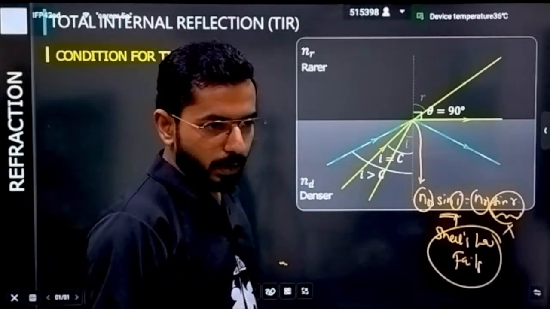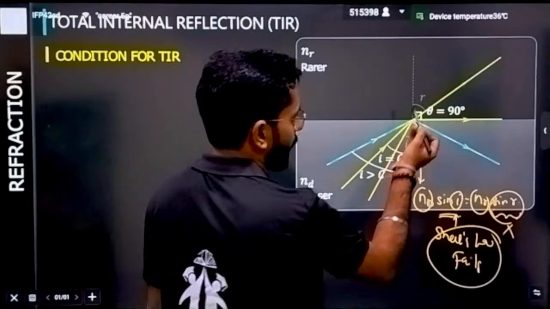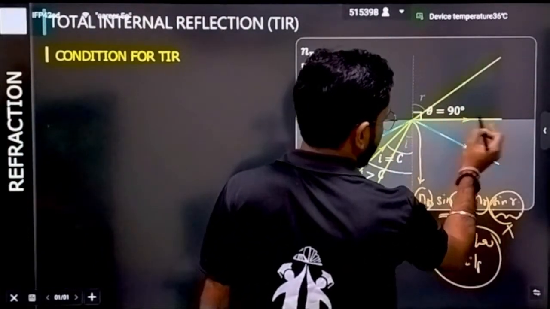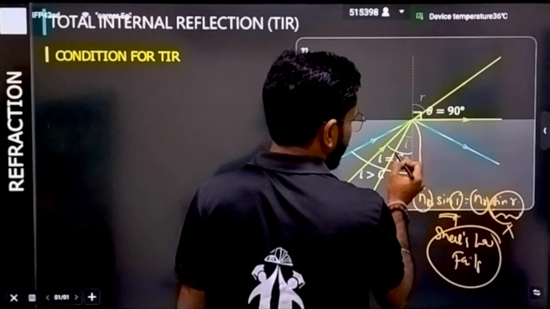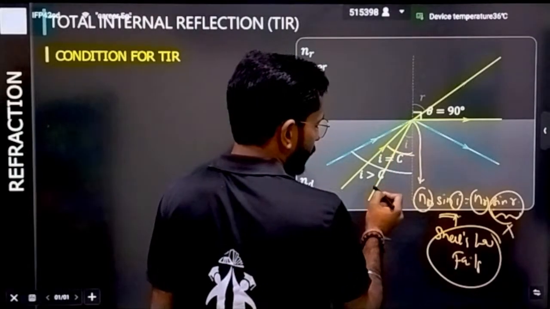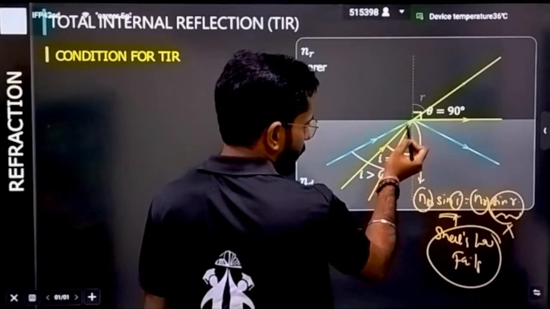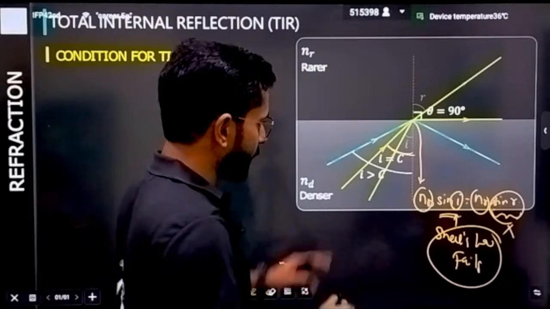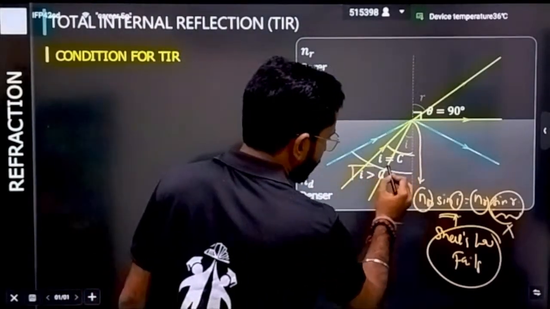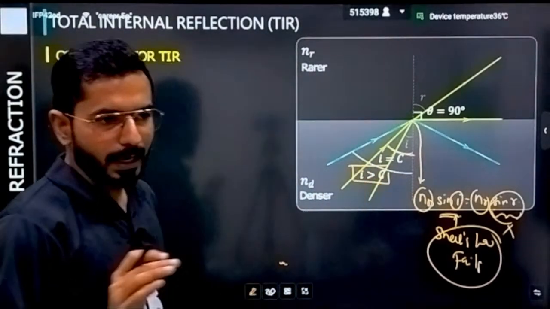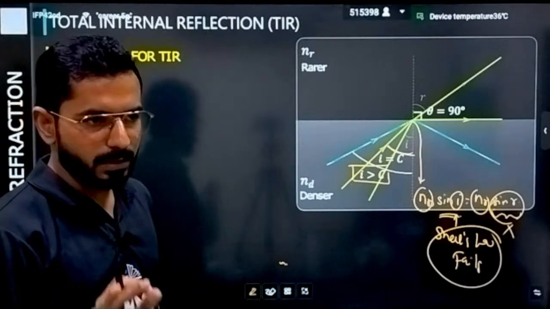So what will happen when Snell's law fails? See, here it is represented with the diagram. Here it has already achieved its maxima, and even after that you have increased this blue ray. This blue ray represents an angle of incidence greater than the critical angle. Refraction will occur till the critical angle, it is fine.